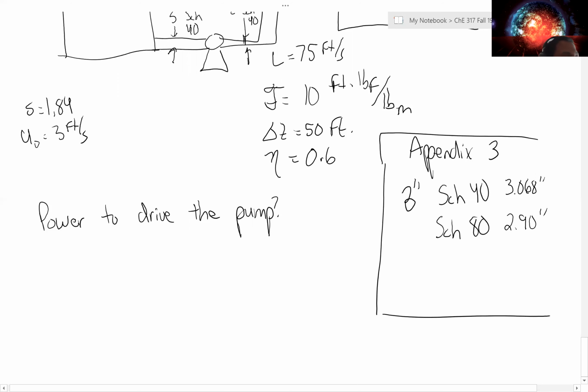And so what the schedule refers to primarily is the pipe thickness or the wall thickness, where a higher schedule typically has a higher wall thickness. Now with that, a higher schedule has a smaller inner diameter or flow area.